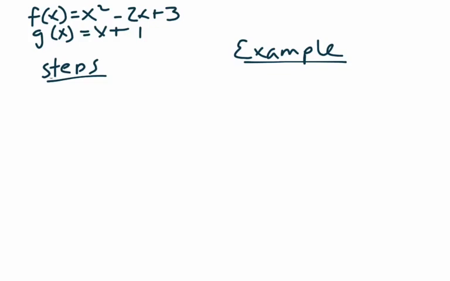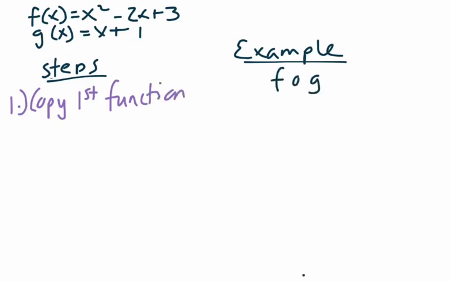The first step is to simply copy the first function. So over here, if we are doing f of g, when I say copy the first function, what I mean is copy function f, just function f. So this is different than the other types of operations that we do where we might have f and g, and then a plus sign or a minus sign or a divided sign.